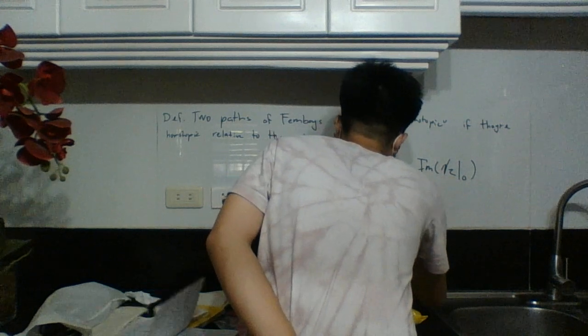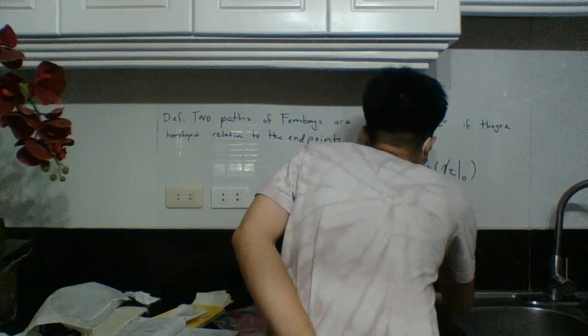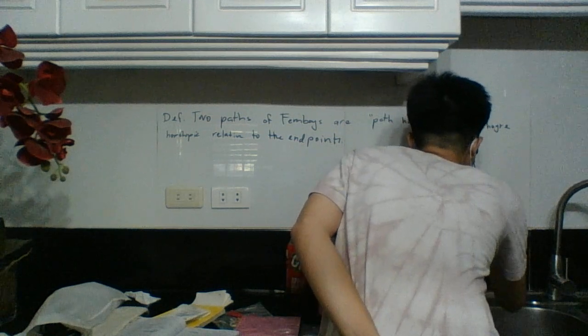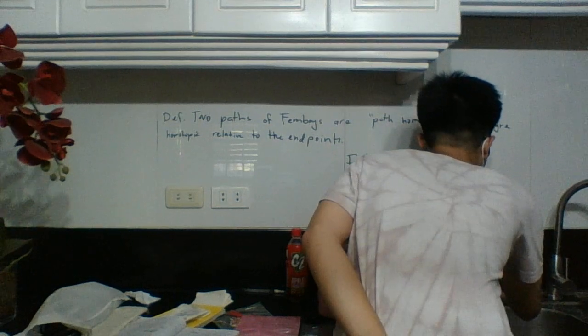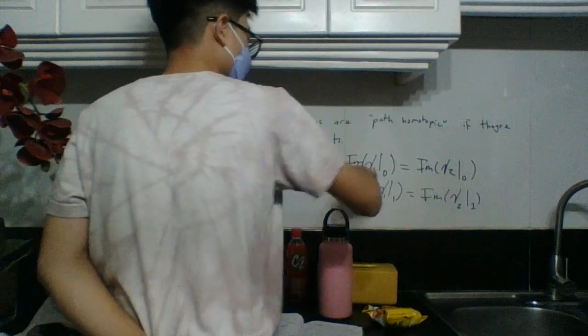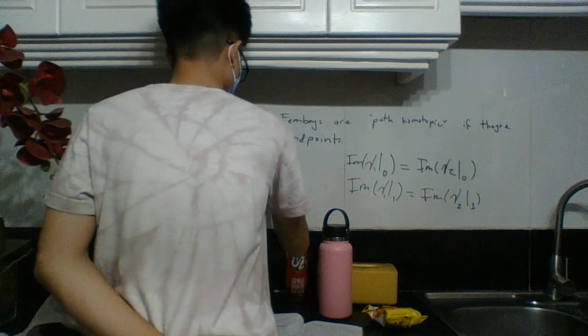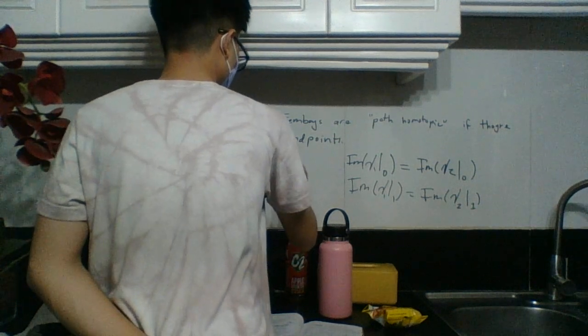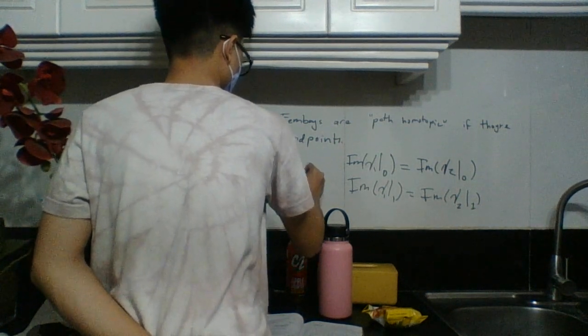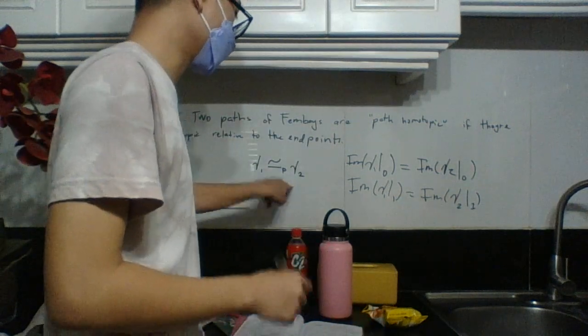And the image of gamma 1 restricted to 1 is the same as the image of gamma 2 restricted to 1. So they should have the same endpoints. If this condition is met, then we say that gamma 1 and gamma 2 are path homotopic, and that's denoted by this homotopy symbol with a p at the end. So gamma 1 is path homotopic to gamma 2.